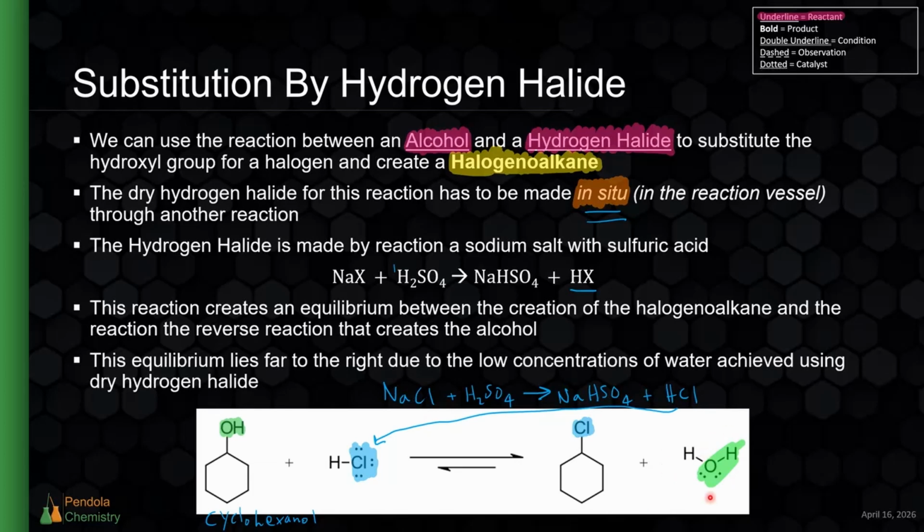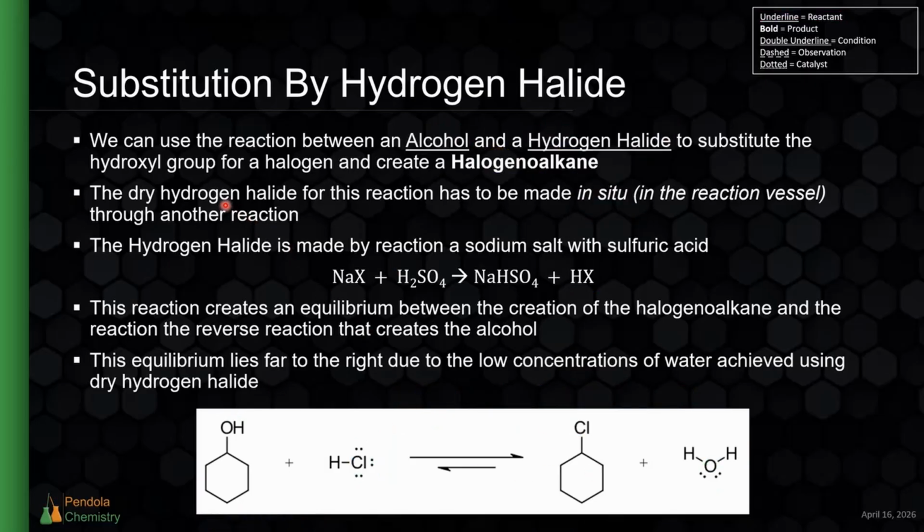If we have water, that water would act as a reactant in the backwards reaction, making this equilibrium shift to the left. But by using a dry hydrogen halide, by excluding water from the mixture and making that hydrogen halide in situ by this reaction, we can push this equilibrium further to the right and make sure we have more halogenoalkane.